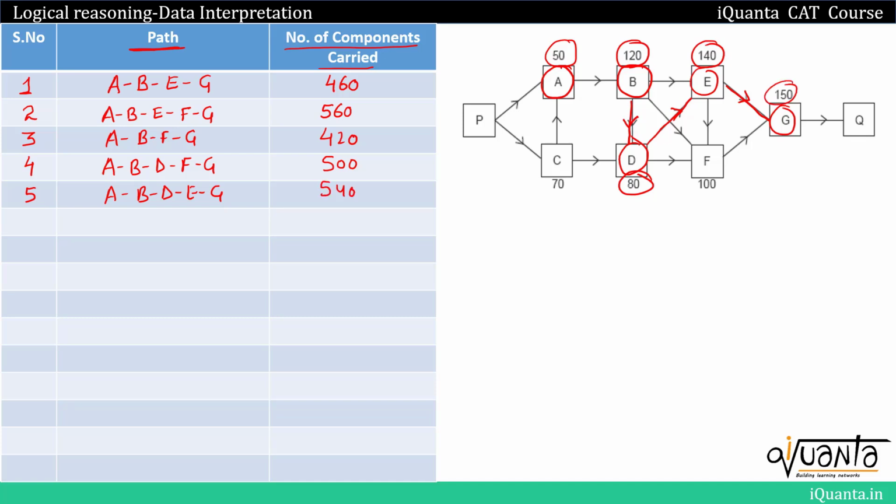Let's try to find out another possible route. It could be A, B, D, E, then F, then G. It is possible. Yes, all the arrow directions are over here.